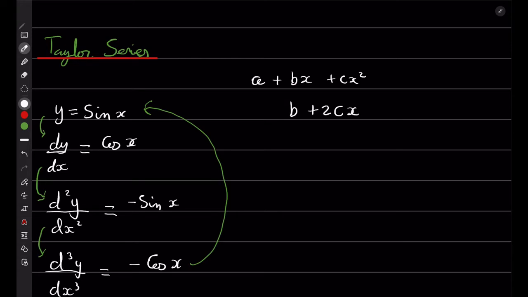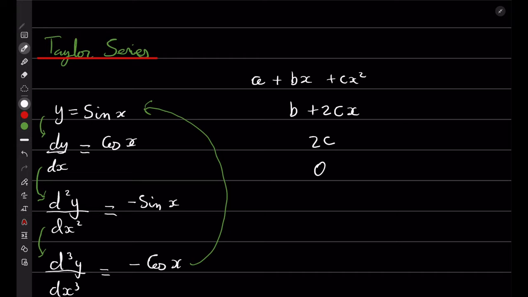The derivative of that would be b going away, 2c being left, and the x going away, so 2c. Derivative of that will be 0. So the problem is with polynomials, it's always going to get to a point, at least for finite sums, where the differentiation will be 0. And that's kind of a problem.